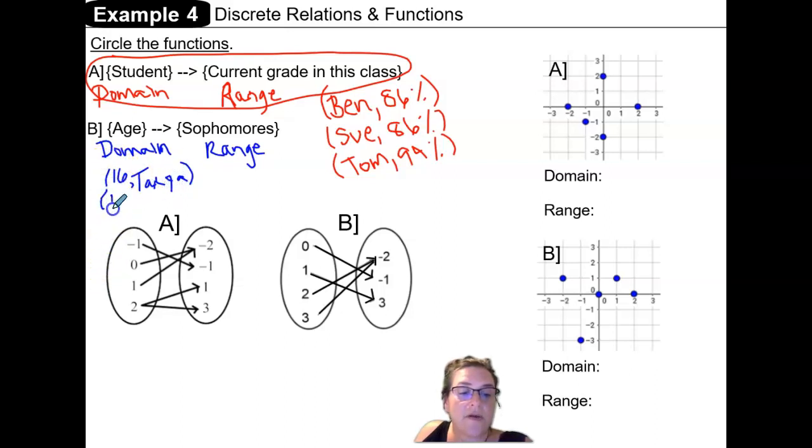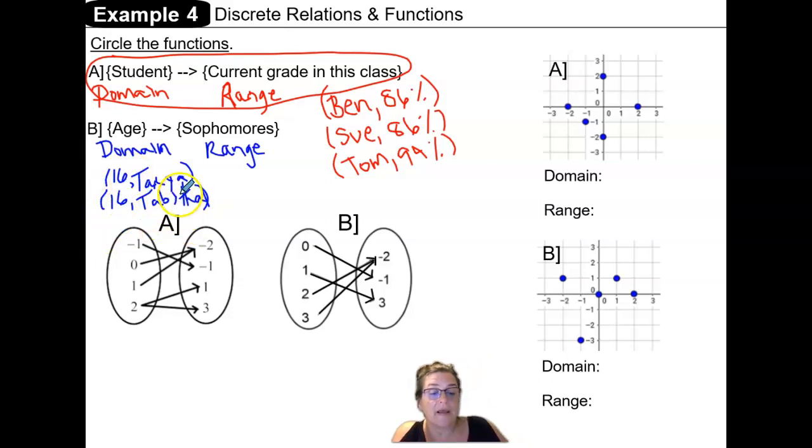Okay, now could there be another sophomore in our school besides Tanya who is 16? And that's for sure true, right? I could also have Tabitha be a sophomore at the school who is also 16. And I might have another 16-year-old named Ben, right?